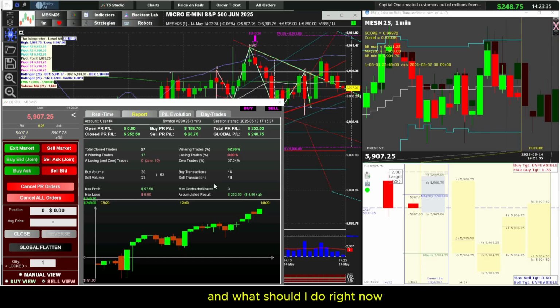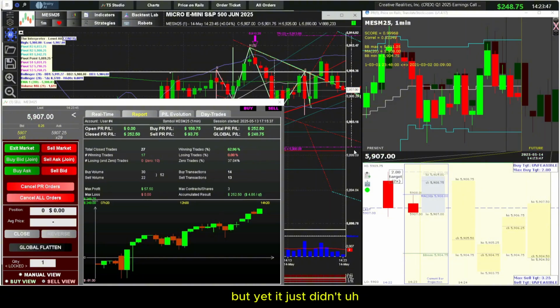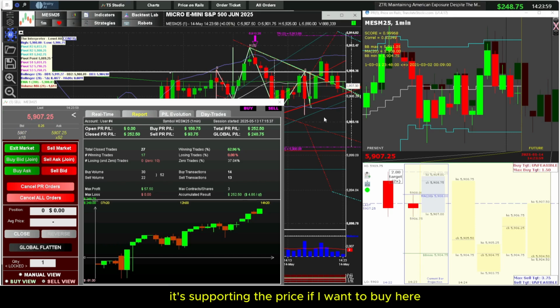And what should I do right now? The price is pulling back to the triangle, but it just didn't break down this triangle. Actually, the red line here is the trend line. It's supporting the price.